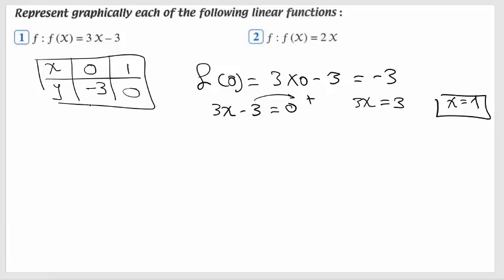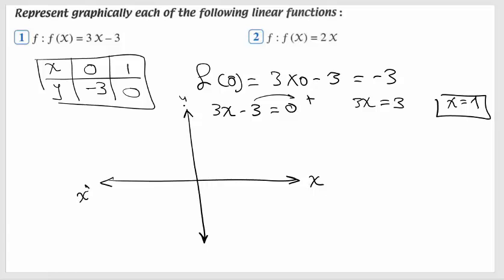To draw, in order to draw, please use your pencil and your ruler. Don't use your hand. Don't act like freehand drawing. So I will put my points on the graph paper. On my right hand side it will be x, and on the other side it will be x dash, y and y dash.